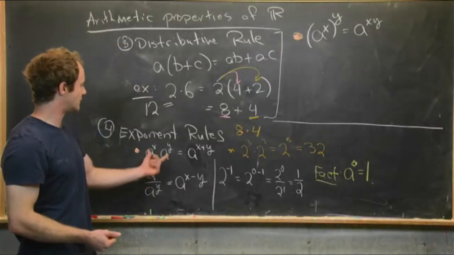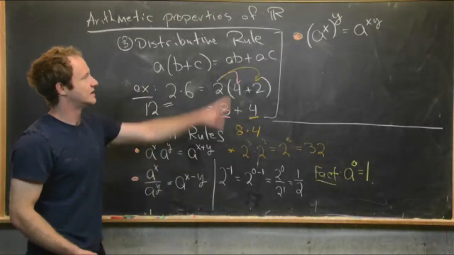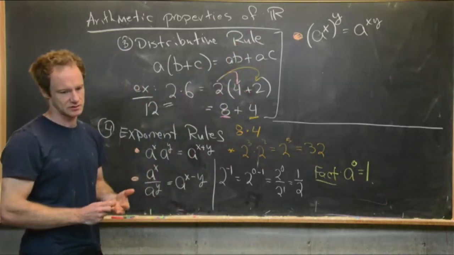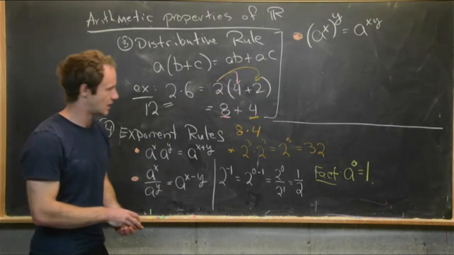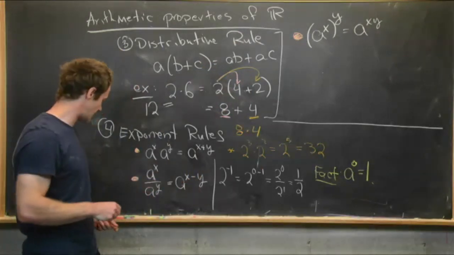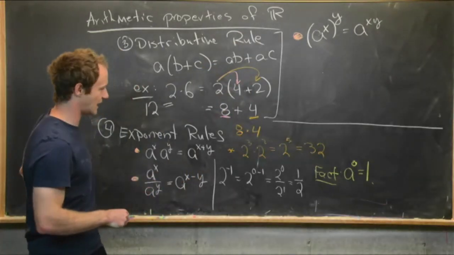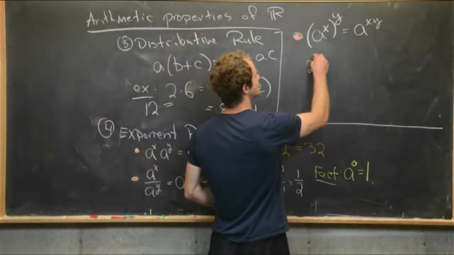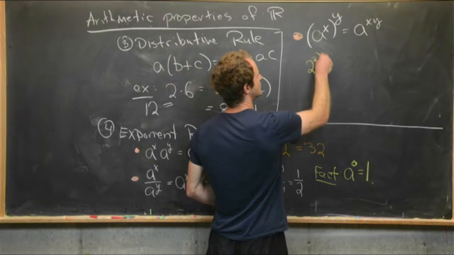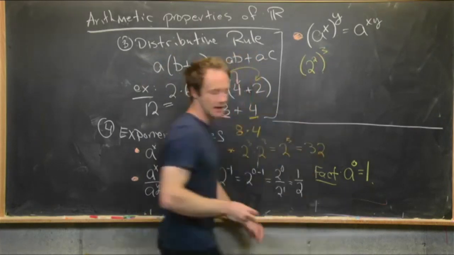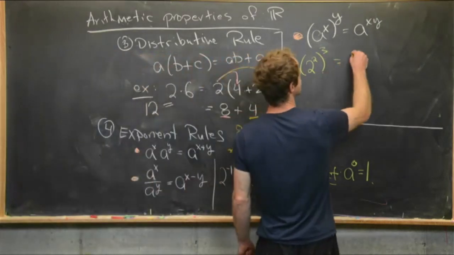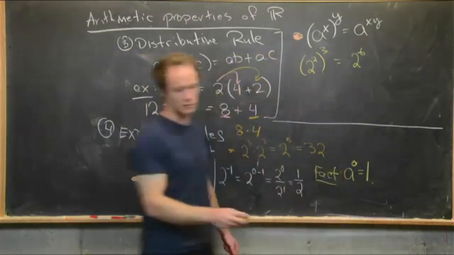So the multiplication turned into addition, the exponentiation turned into multiplication. We could do a little number example for this as well: 2 to the 2 to the power of 3. On the one hand, that's equal to 2 to the 6 by this rule.